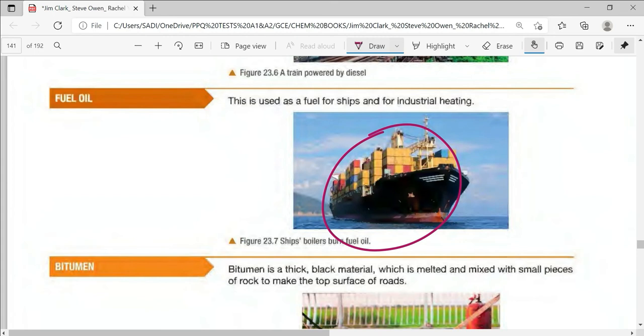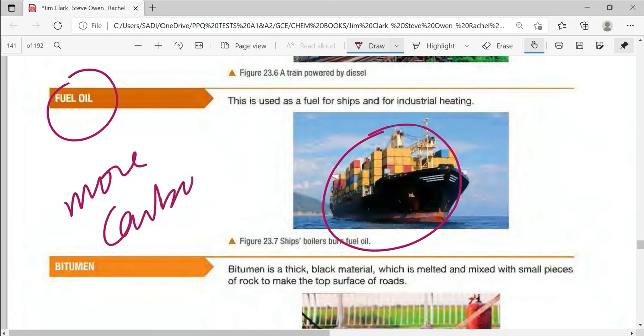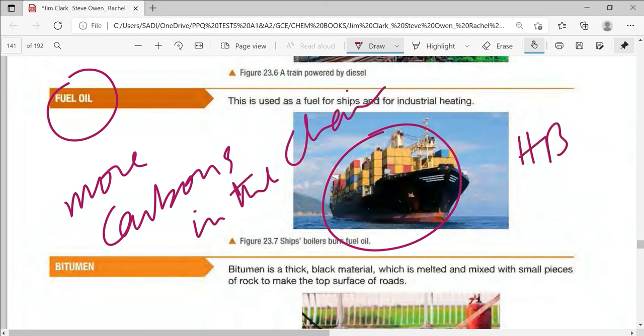It is used as a fuel for ships and industrial heating. So these big ships are run by this fuel oil, which has more carbons in the chain. They have a high boiling point, so they are at the bottom of the fractionating column.